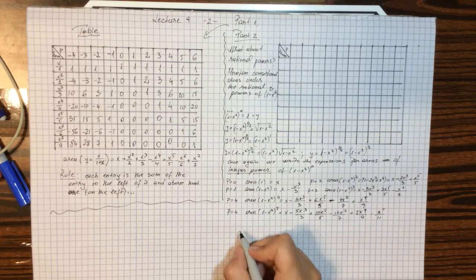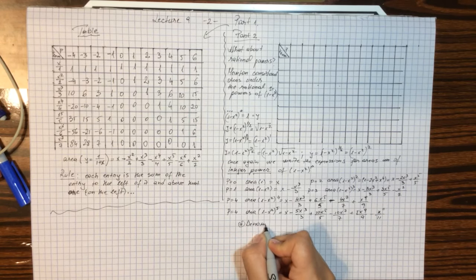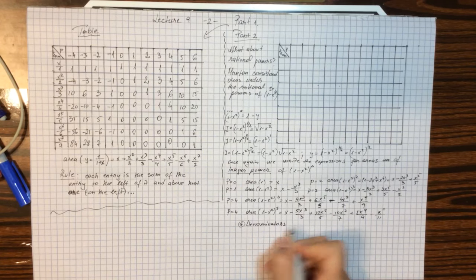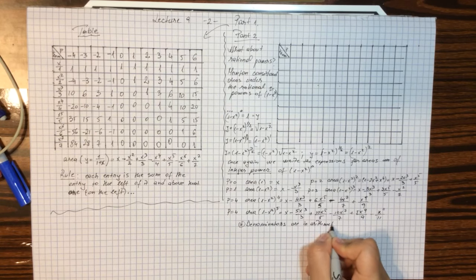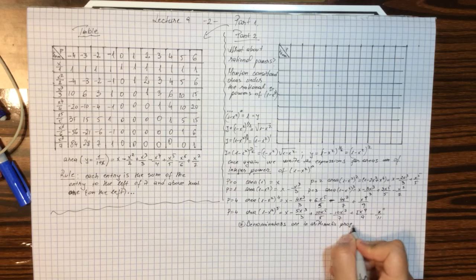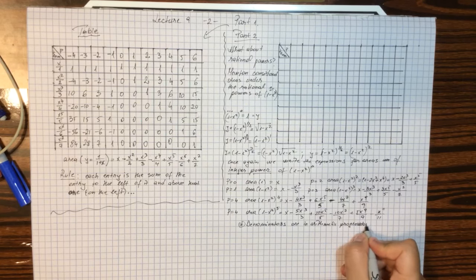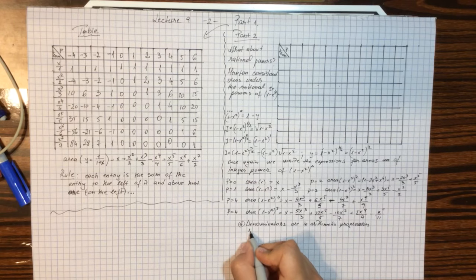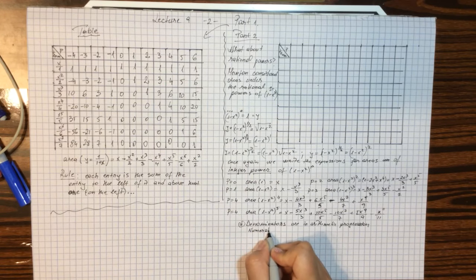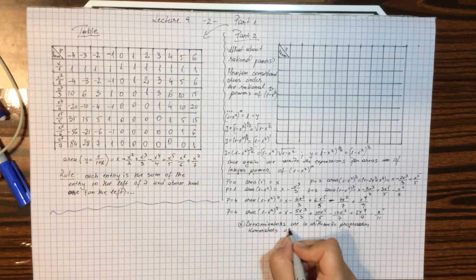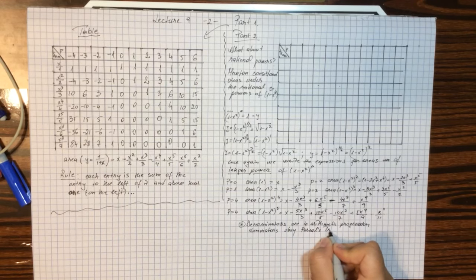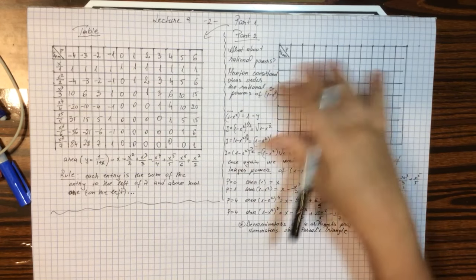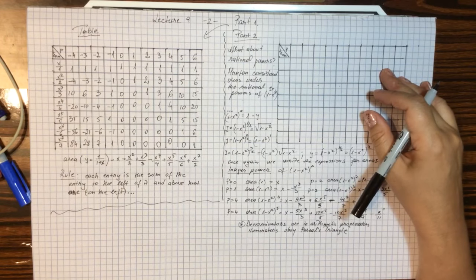So I'll write: denominators are in arithmetic progression, and numerators, coefficients, that is, numerators obey Pascal's triangle. Okay. All right, so let me fill in what I can deduce from here so far.